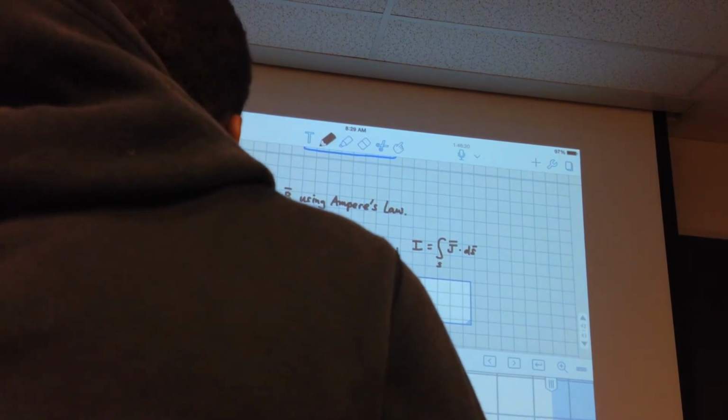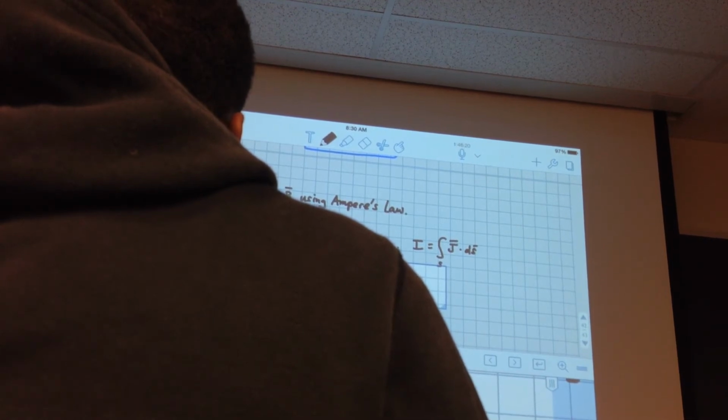Okay, so that's the differential length in cylindrical coordinates. It is in the phi hat direction, and the arc length is r dphi. And then the current enclosed inside of that contour is your current I. And we integrate from 0 to 2 pi.